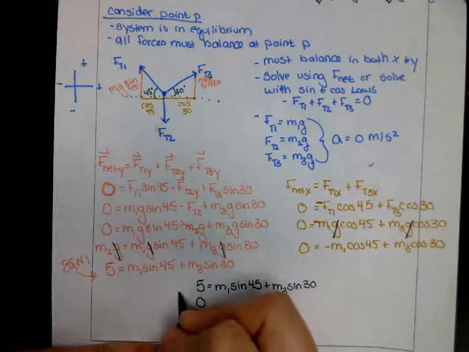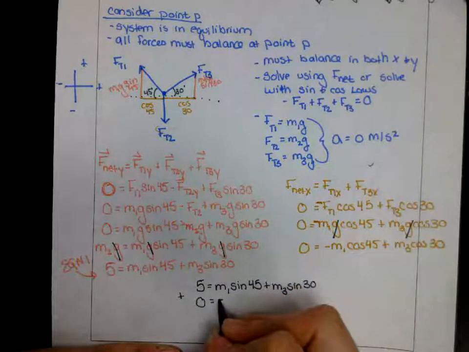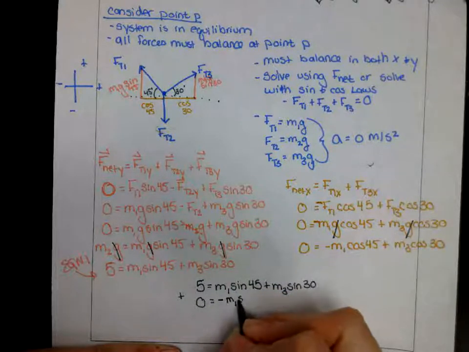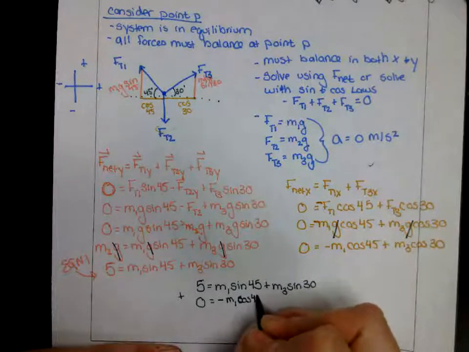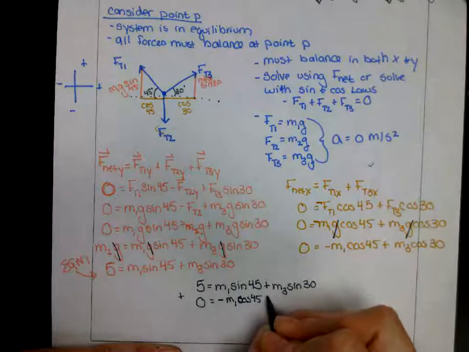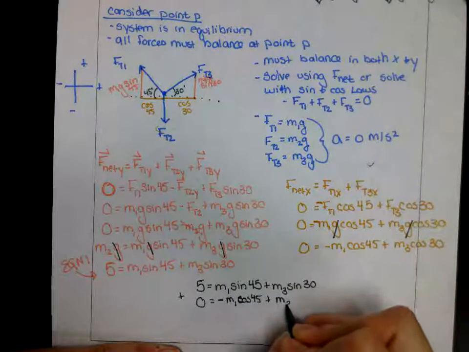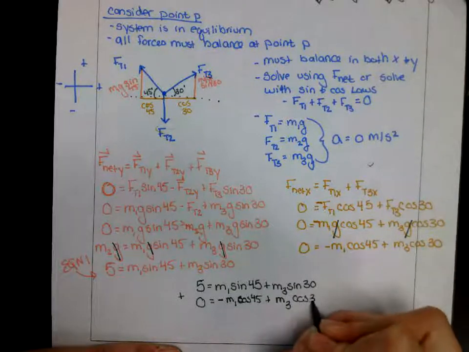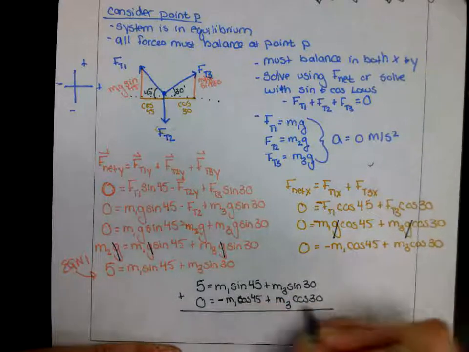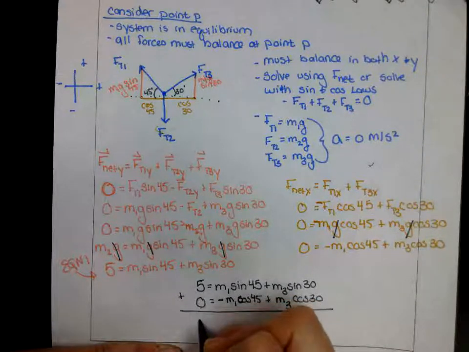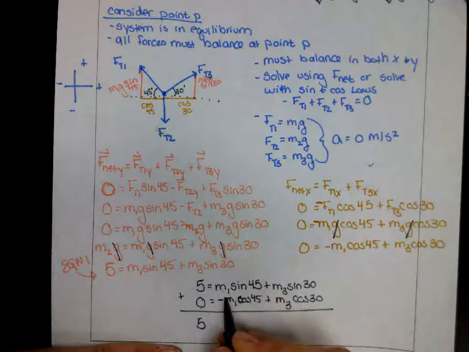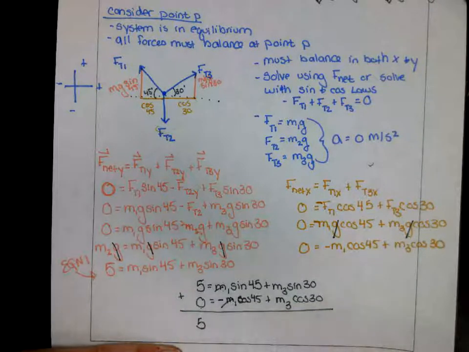I have 0 equals negative m1 cosine of 45 plus m3 cosine 30. 5 plus 0 is 5. m1 minus m1, that cancels.